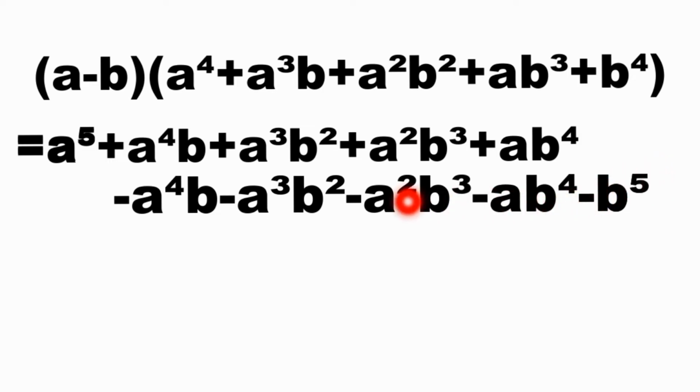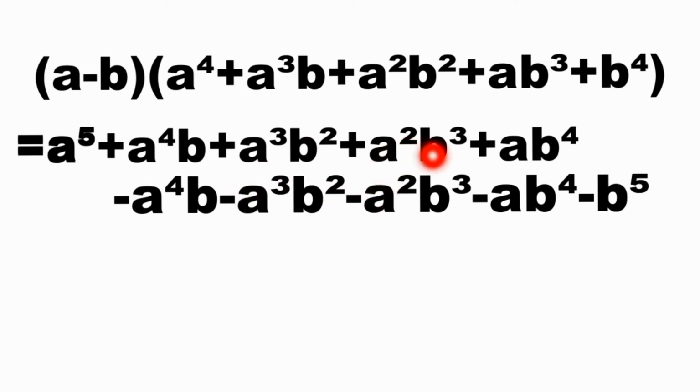So here we have opposite signs, and they are like terms. They're like A to the fourth B, A to the fourth B, but opposite in sign. So by combining like terms, this is 0, and also this one, all are A cube B squared, but opposite in sign, 0.